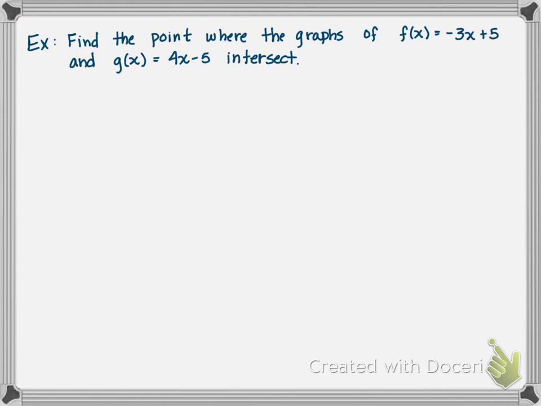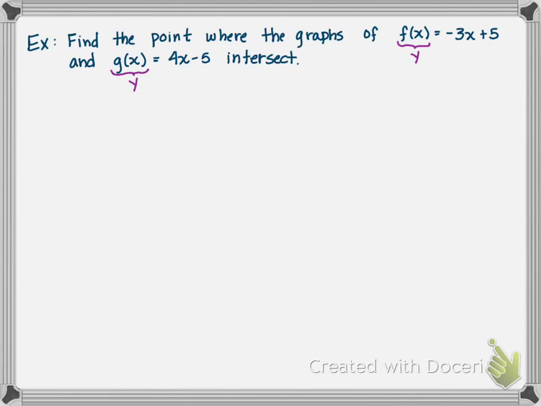So here we're just given two lines in function notation. Remember that the output of each function is just our y value, right? So what we're really saying is we have y equals negative 3x plus 5 and y equals 4x minus 5. So if we want both of those to be true, we can just make the y's equal to each other, right?